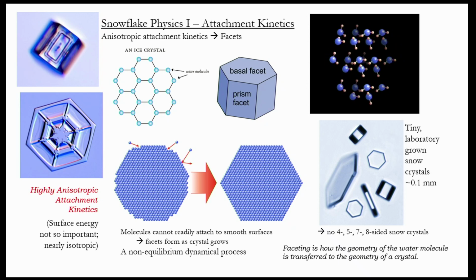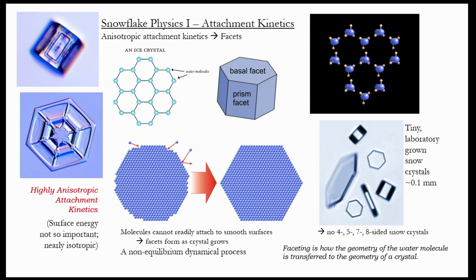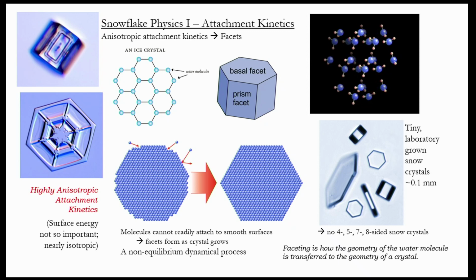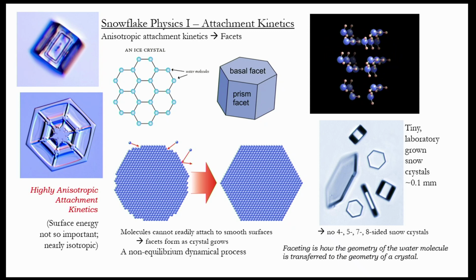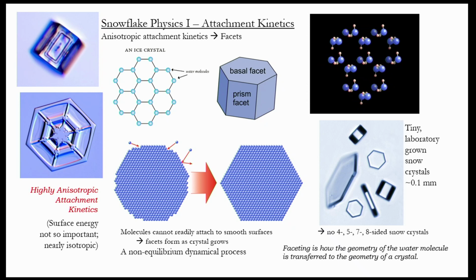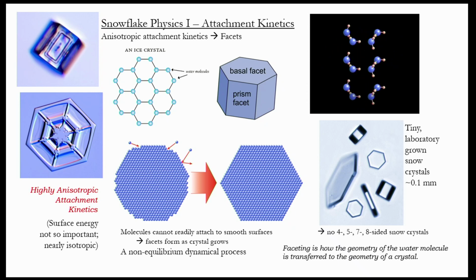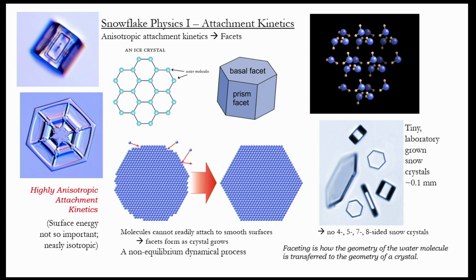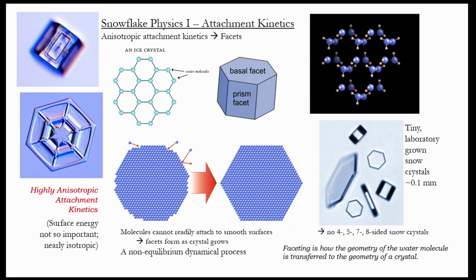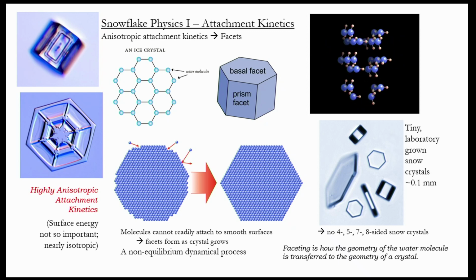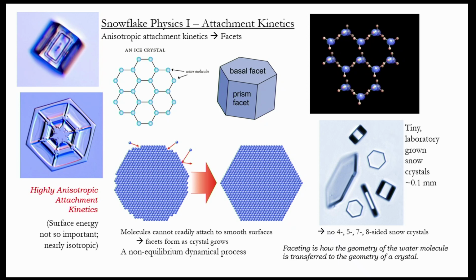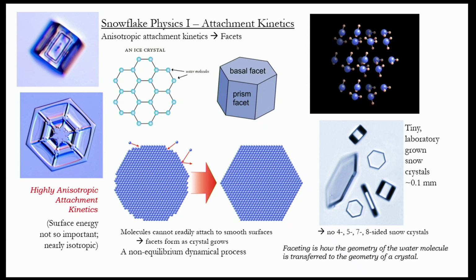And the faceting is how the geometry of the water molecule is transferred to the geometry of a snow crystal, because the molecular physics is all very local, but it produces on very large scales a faceted crystal where one corner is the same as the other, just because they're all operating on the same rules. Okay.